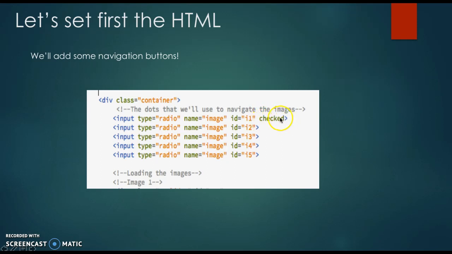This means that this is the first image that's going to be displayed in the website, and every time the user clicks on one of the radios, it's going to check that radio and display the image that is connected to this ID, and you'll see this in the next slides.